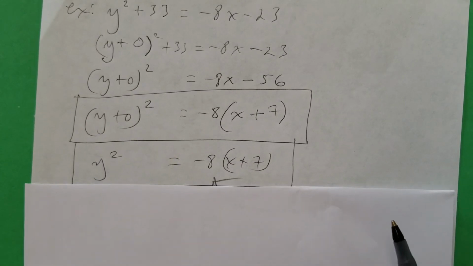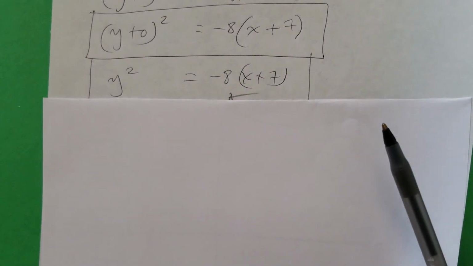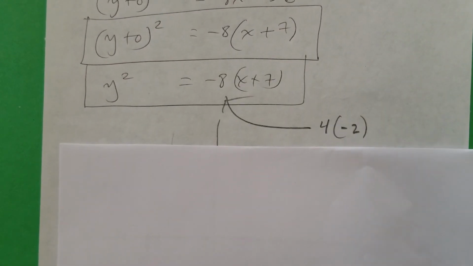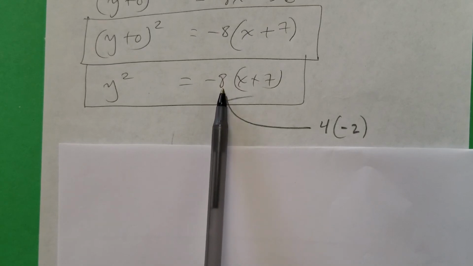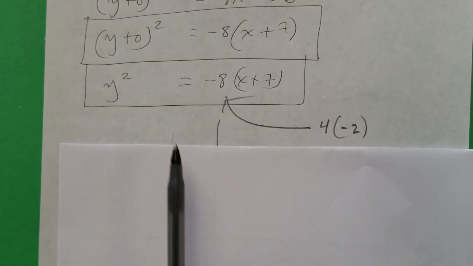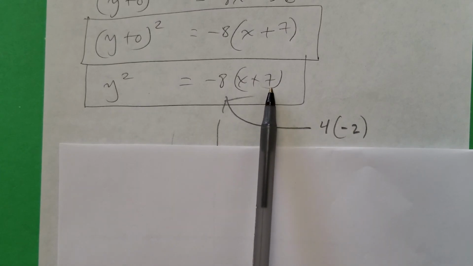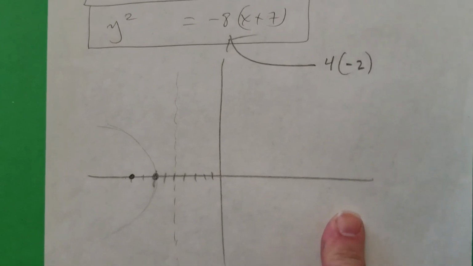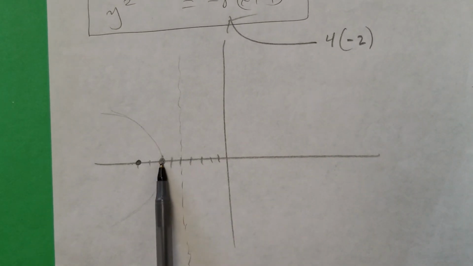Okay? And then, from this, if we wanted to, we could graph it. So my P number is -2, right? 4P is -2. This is 0, this is 7, so my vertex is -7, 0. So there's my vertex, -7, 0.